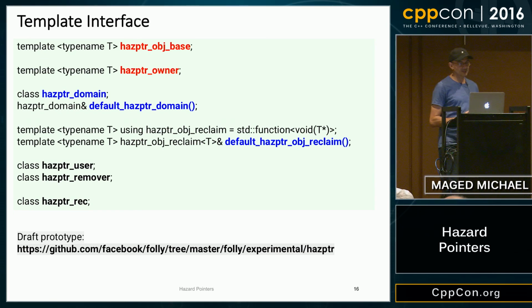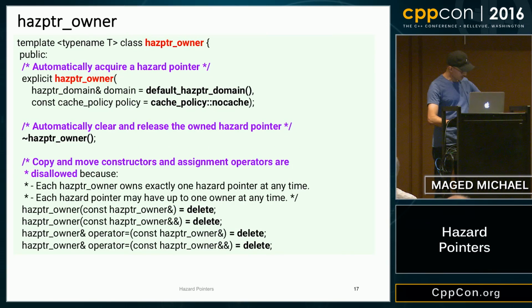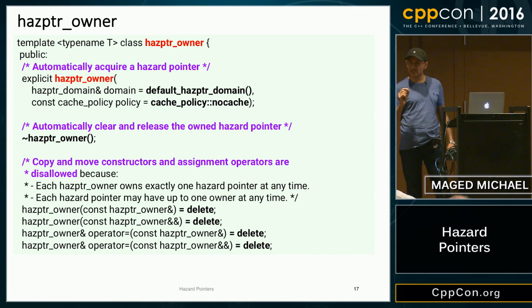They just need to know about the representation of the object that's protected by hazard pointer, and the owner type that does RAII, an interface to the actual hazard pointers. So I'll just go through the owner template as representative. There's a lot of change in the interface.